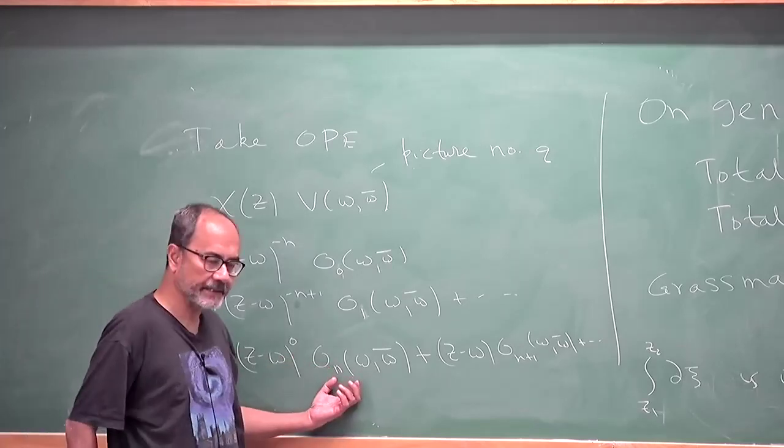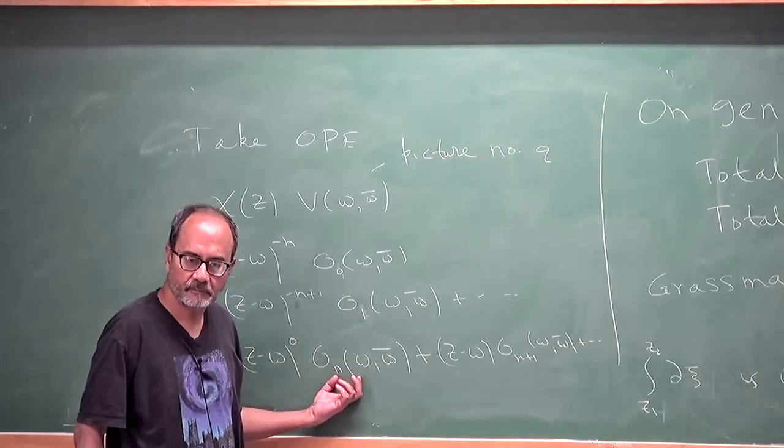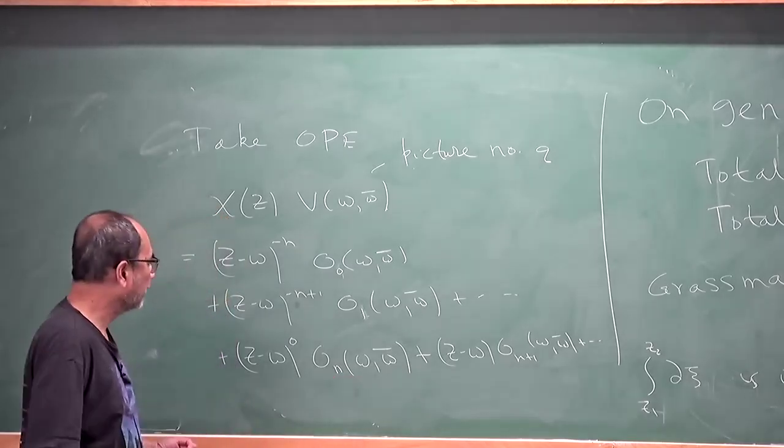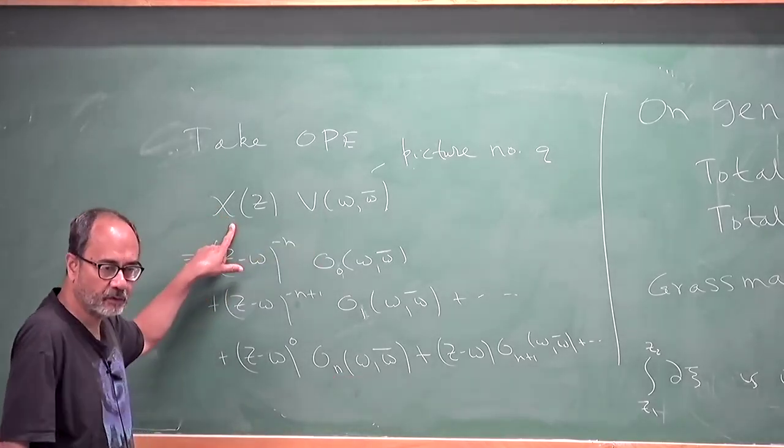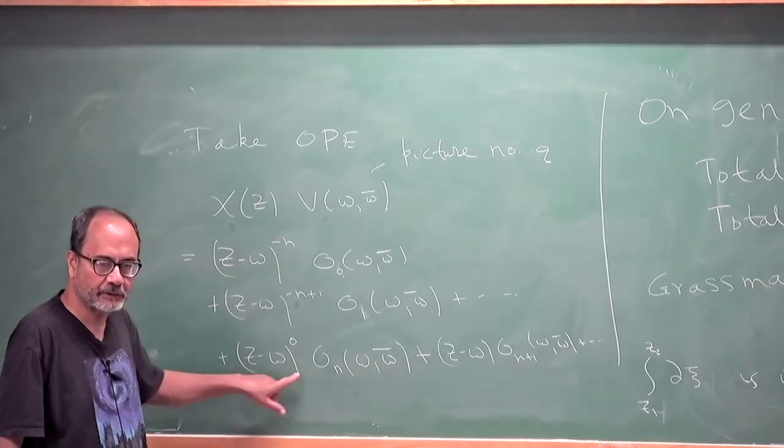This one has dimension 0. Is that clear? Because this is dimension 0, this is dimension 0. In the product, we pick up the coefficient of (Z minus W) to 0. So these are dimension 0.